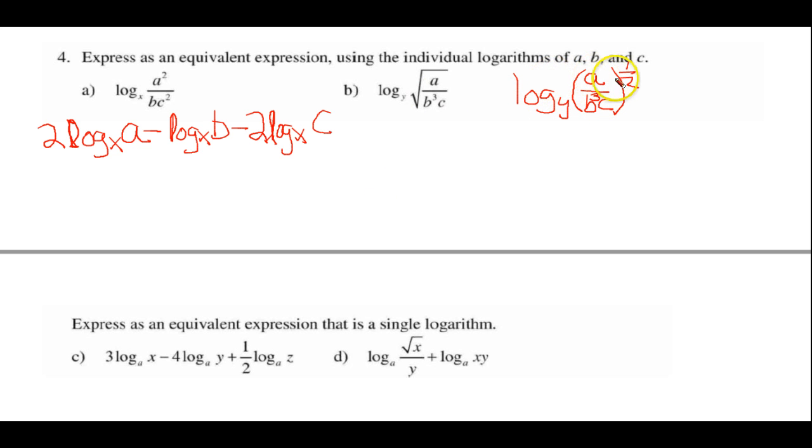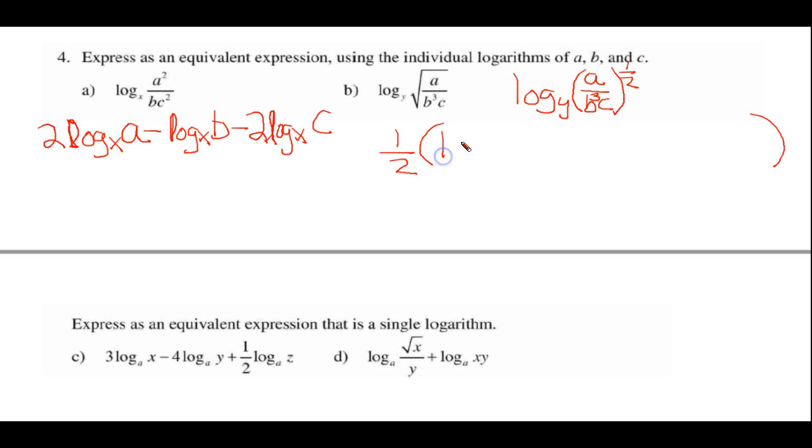For something like this, where the whole expression is to the 1/2 power, we start off by putting it to the 1/2 power. And then we put everything in a parenthesis here. I don't know how big it's going to be, but it's there.